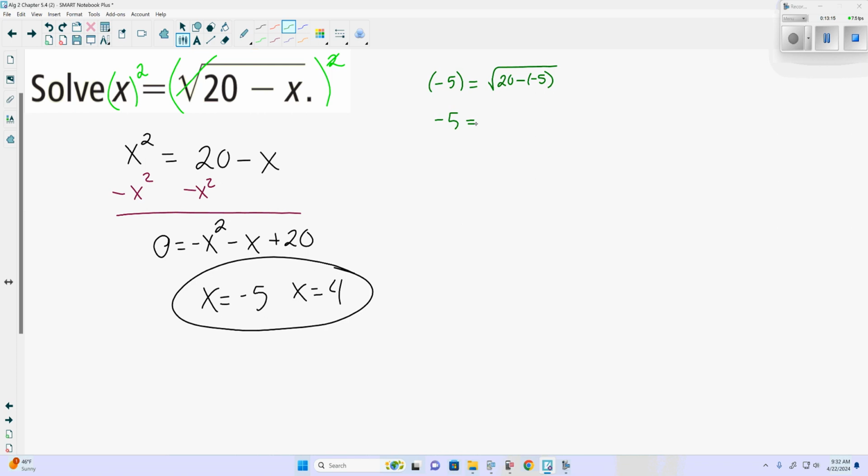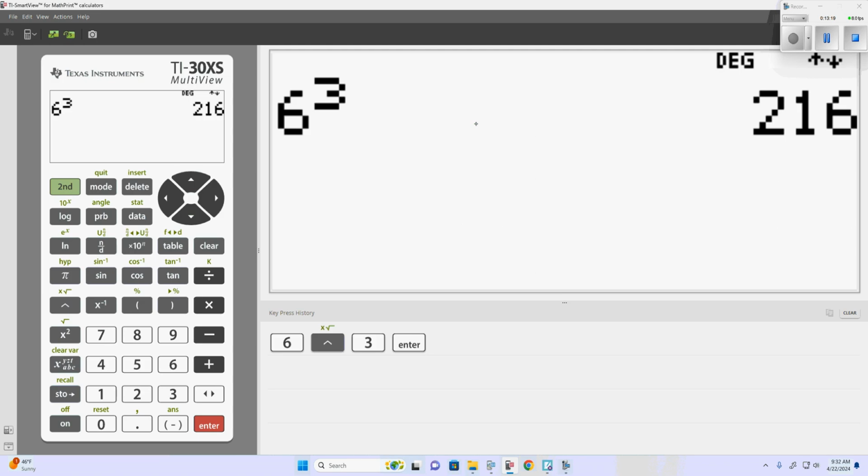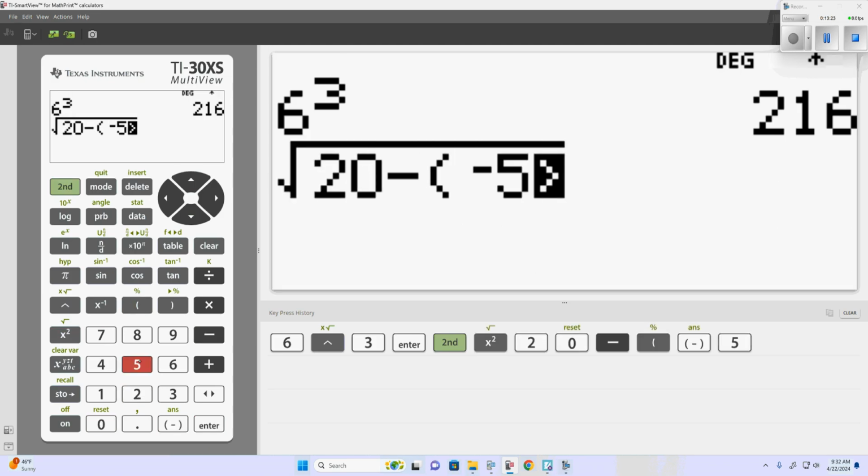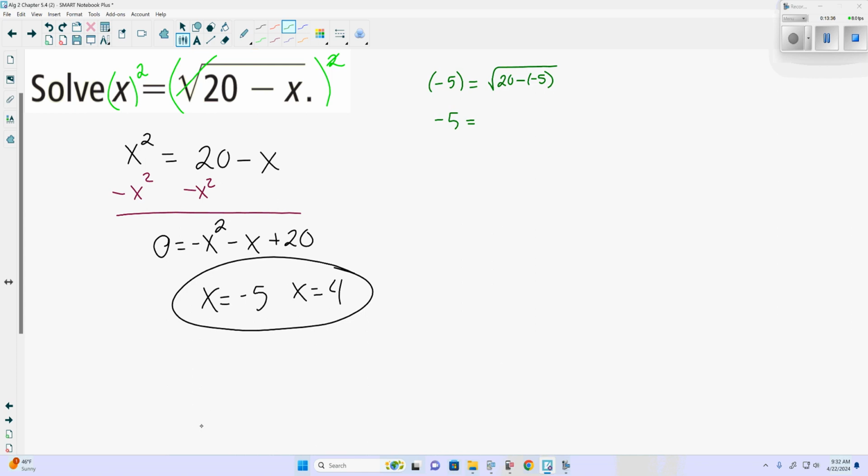On the right-hand side, if we were checking this, and there is going to be a part of the test that does ask you to check it, all you got to do is type it into the calculator. Let it do the heavy lifting for you. Set it up for replacing x with its value. 20 minus -5 is 25, and the square root is 5. Well, here we're saying -5 is equal to 5. Well, that doesn't work, so x equals -5 is out.